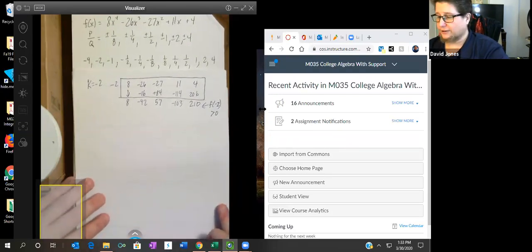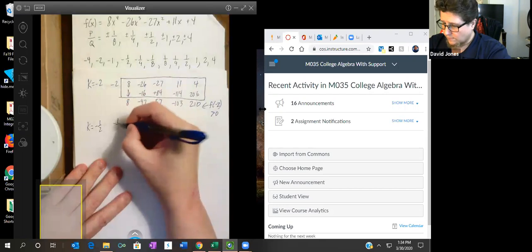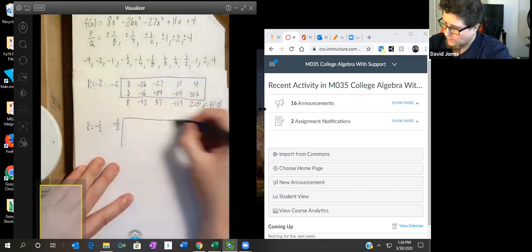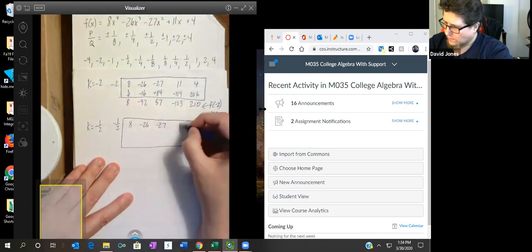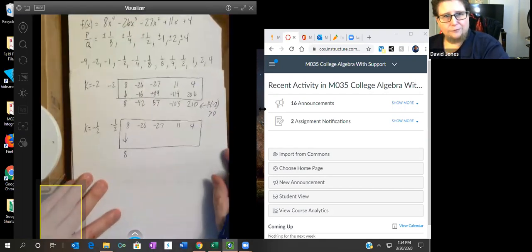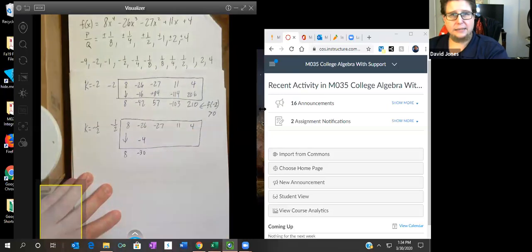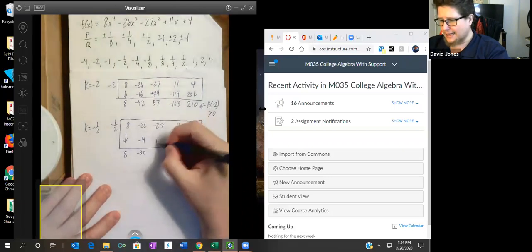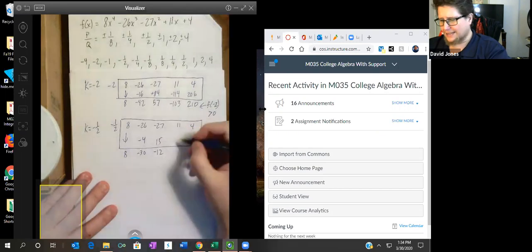Let's try -1/2. Eight times -1/2 is -4, and that adds up to -30. -30 times -1/2 is 15, and that adds up to -12. -1/2 times -12 is 6.